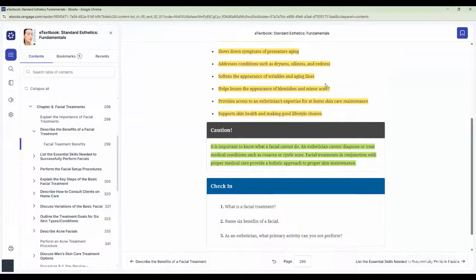Okay. Facial treatments in conjunction with proper medical care can provide a holistic approach to proper skin maintenance. And so a lot of times I have to introduce to my students there's aesthetics, skincare, and then there's also wellness, which is an overall well-being holistic approach to just the beautification and healthiness of the body. All right. And so it depends on whether you want to combine the two to create treatments, but additional consultation will be needed.